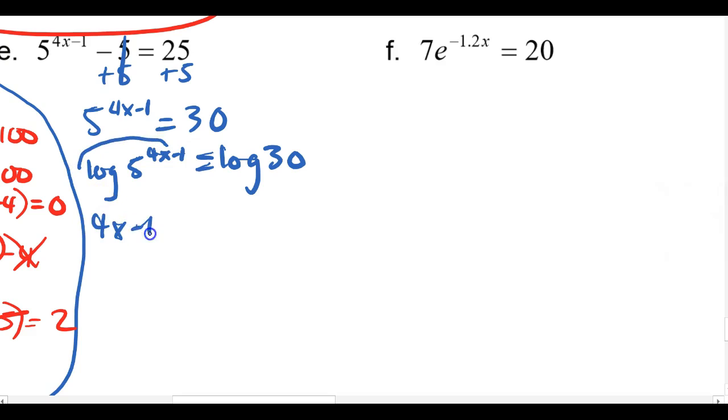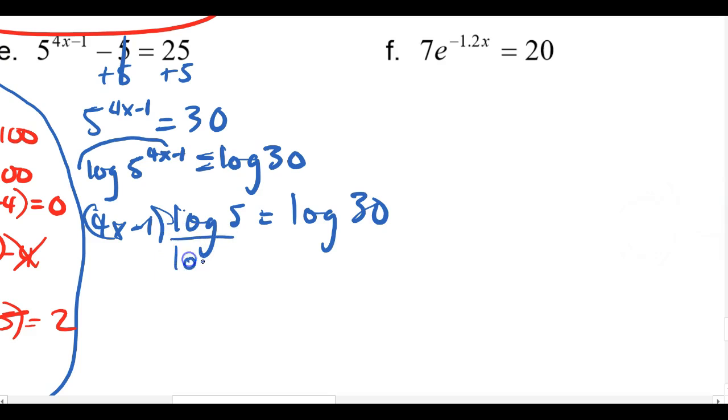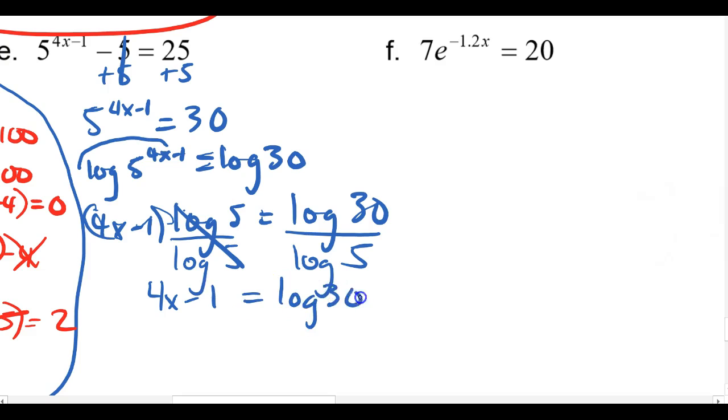So now 4x minus 1 times log of 5 equals log of 30. And we're going to divide both sides by log of 5 to again try to isolate x. And so now we have 4x minus 1 on this side, and log of 30 divided by log of 5.